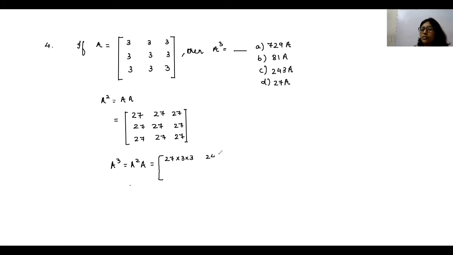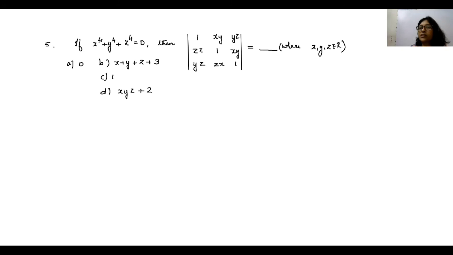That is 243. If we need this to be equal to A as per the option, we have to take 81 common, so that every term will become 3, and that is matrix A. So the option is 81A.